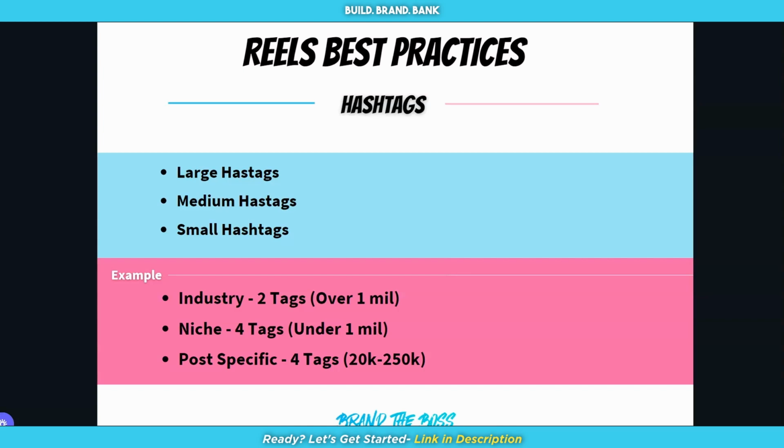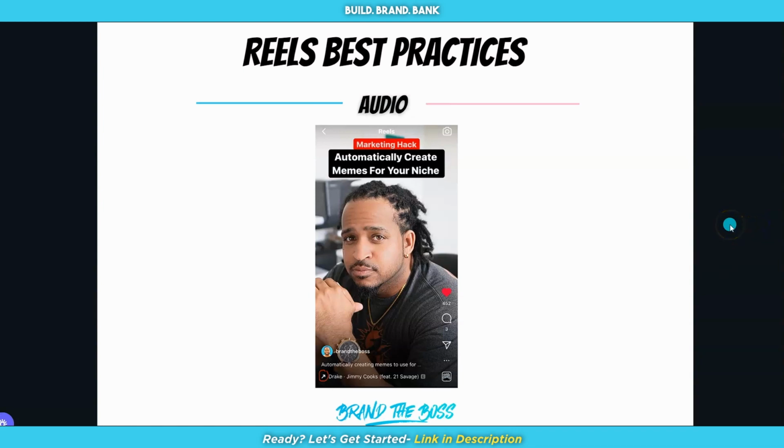And then you want to get another 4 hashtags that are post specific, anywhere between 20,000 and 250,000 uses. This is going to vary depending on what your niche or your industry is, but this is a good count to be in between when it comes to post specific.